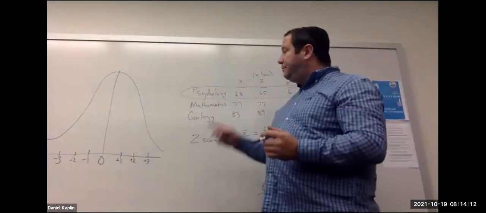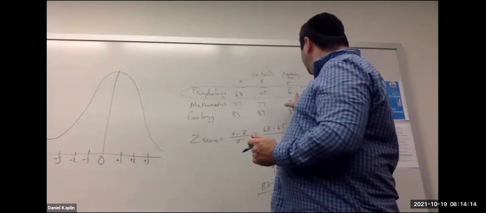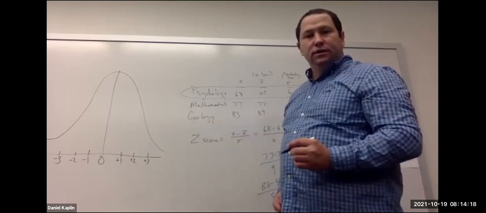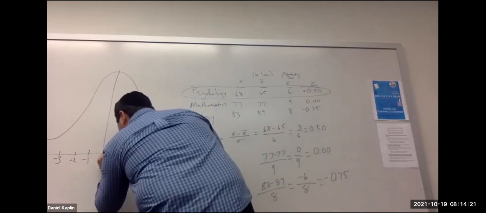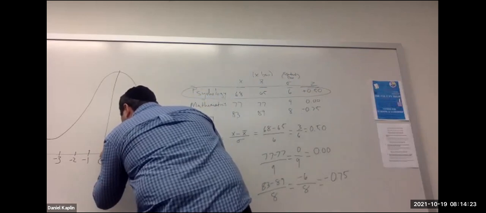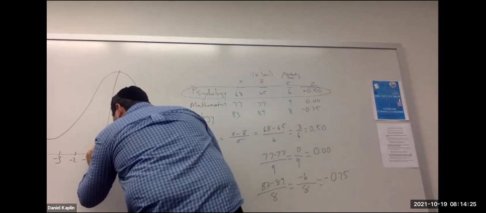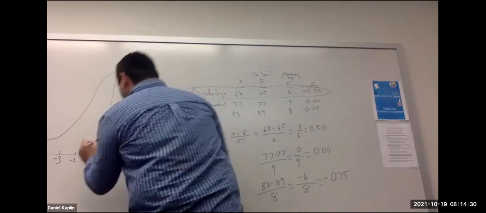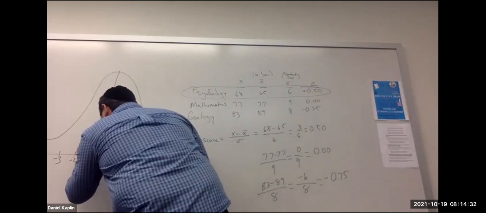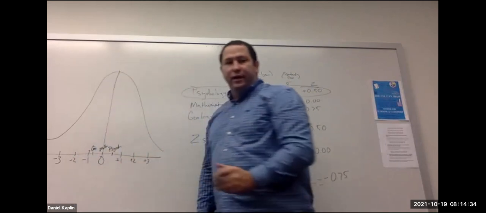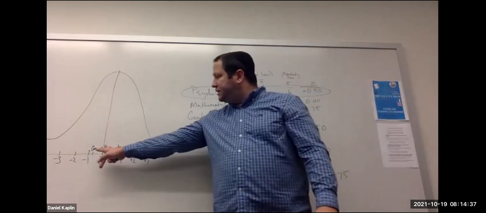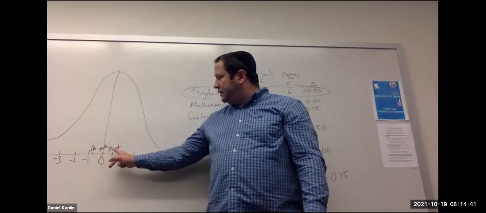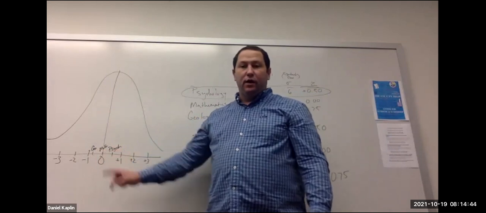I could actually plot psychology, math, and geology on here. Watch this. Okay, so I've plotted geology as minus 0.75, math as 0, and psych as 0.50.